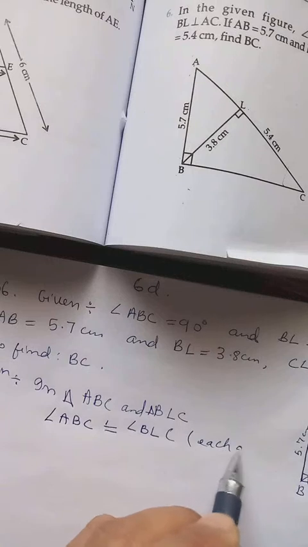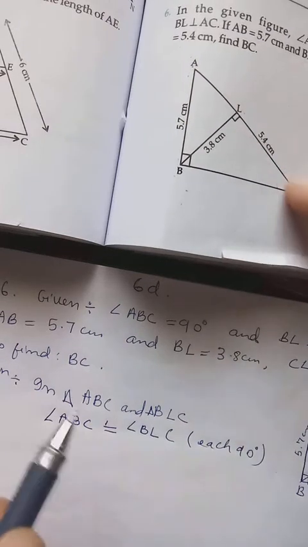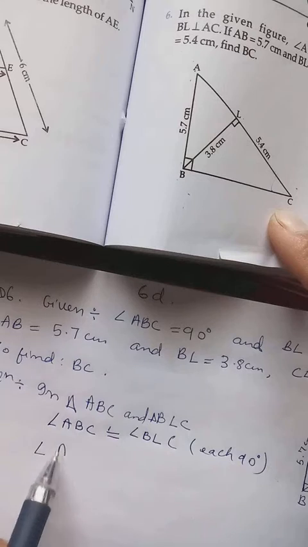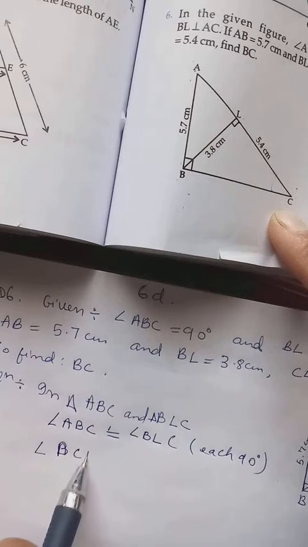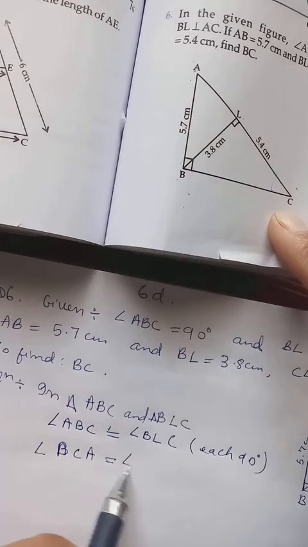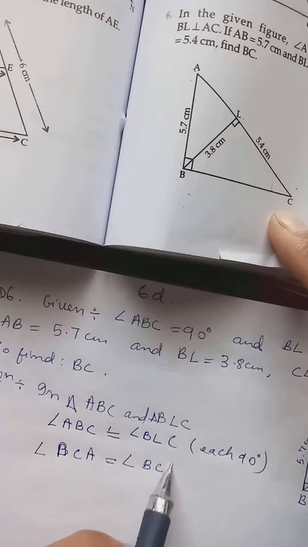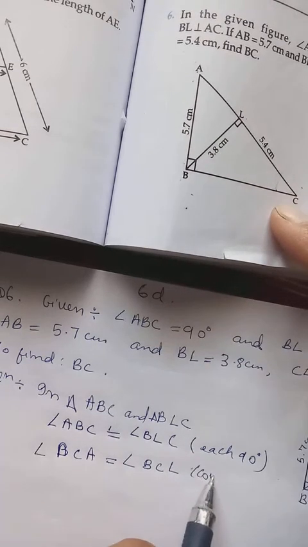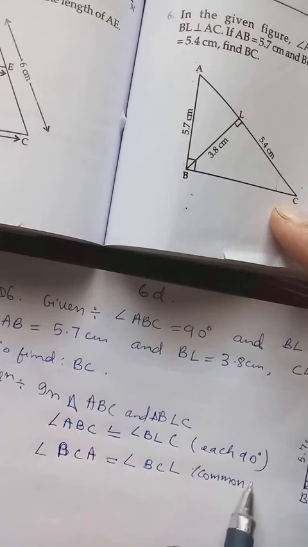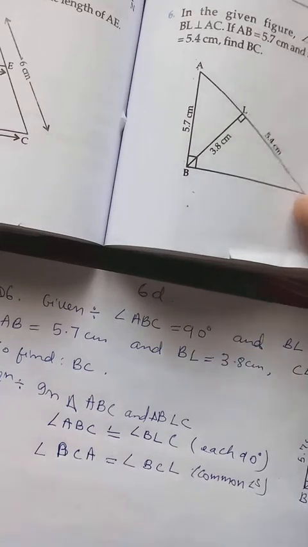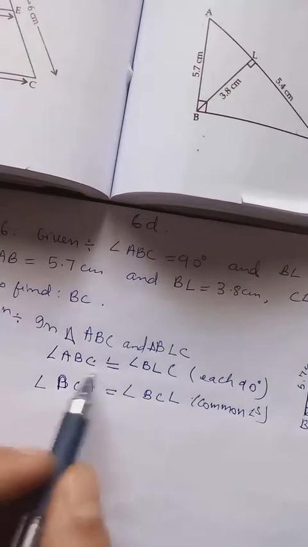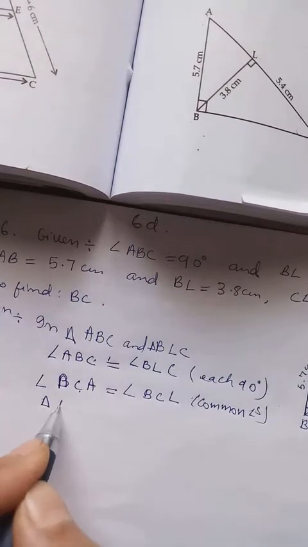So if each is 90 degrees, they are equal. Then if we look at angle BCA in the big triangle, it's BCL. If we compare, it's the same angle, so a common angle. So if it is a common angle, that means the angles are equal. We have AA, which means the triangles are similar.